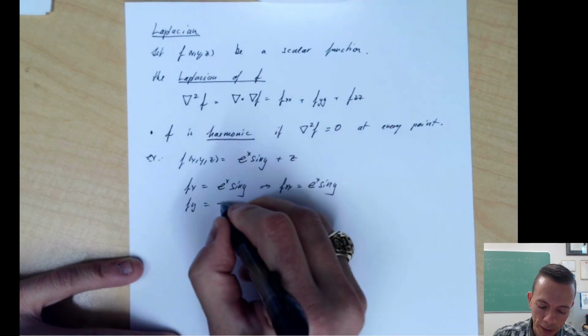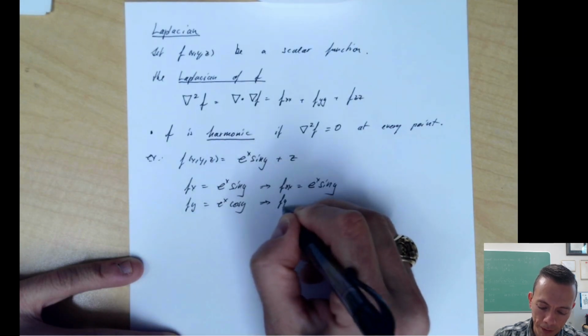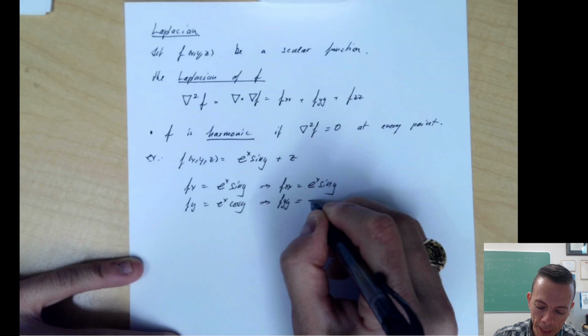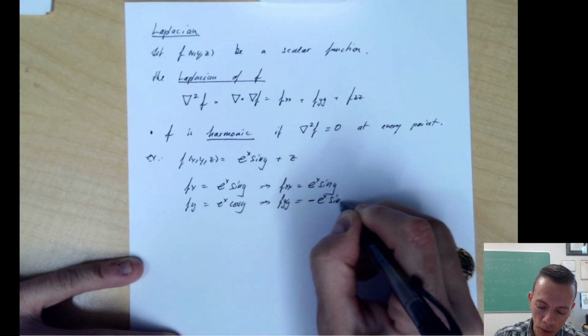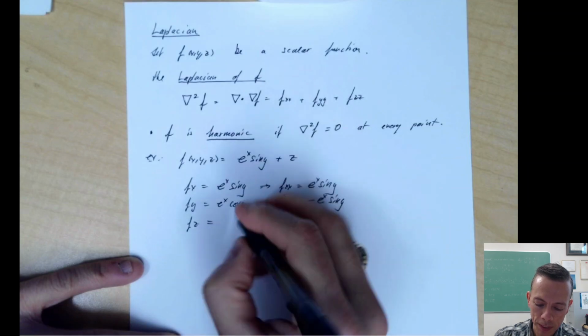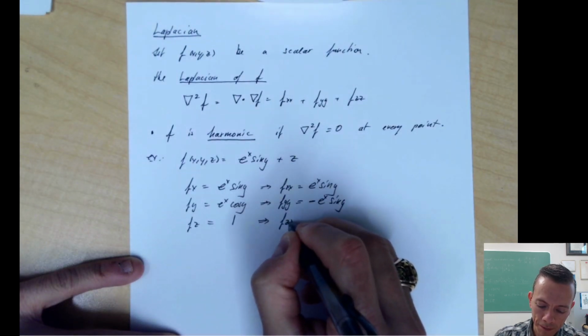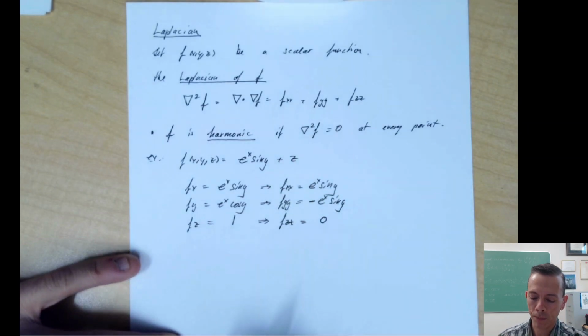F of y is e to the x cosine y. Fyy is minus e to the x sine y. F of z is simply 1. And f of zz is 0.